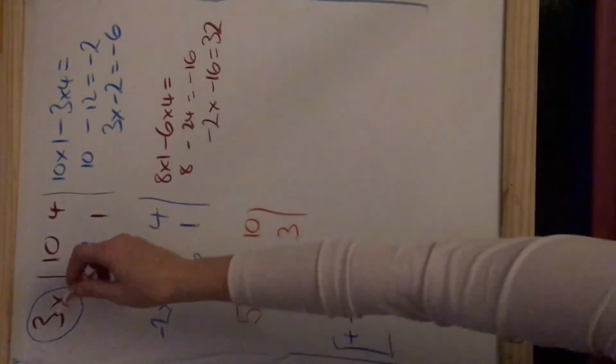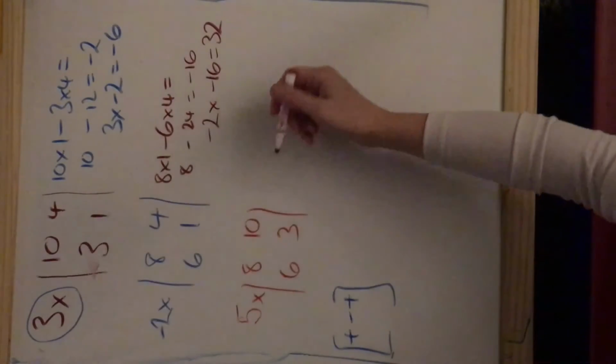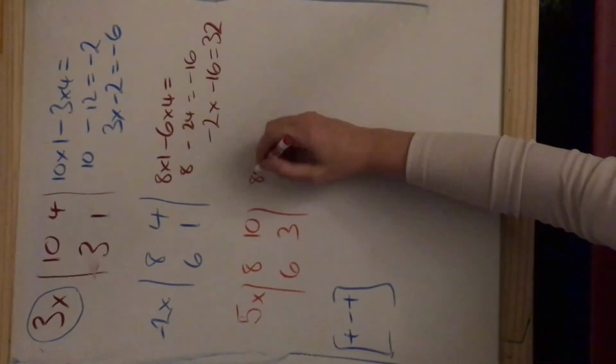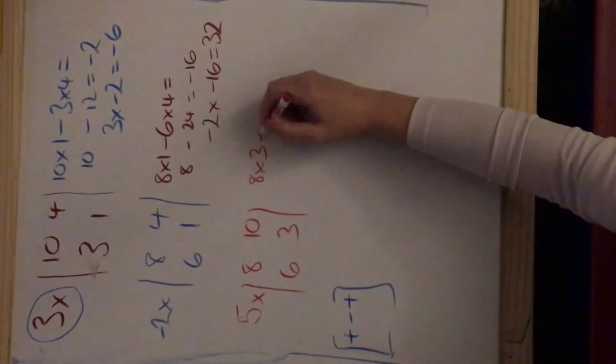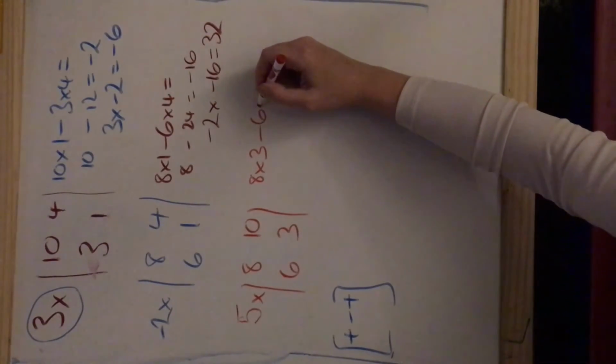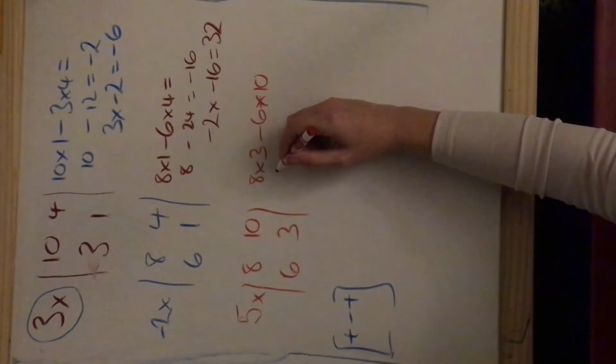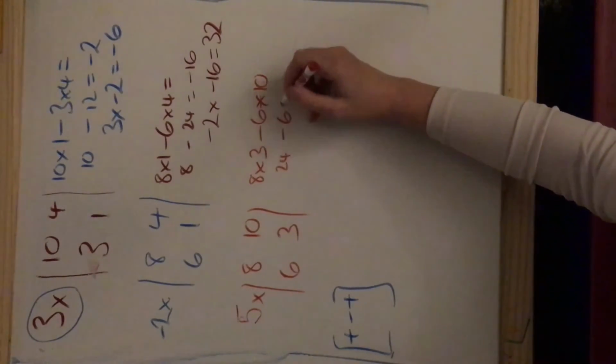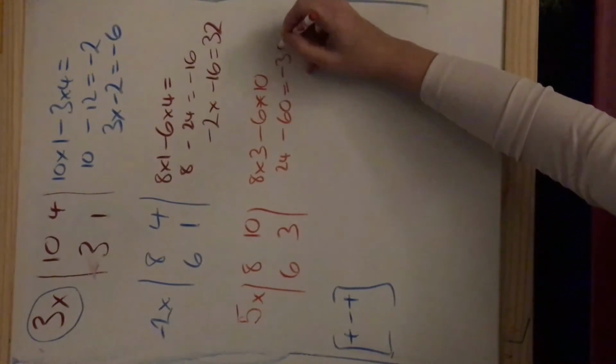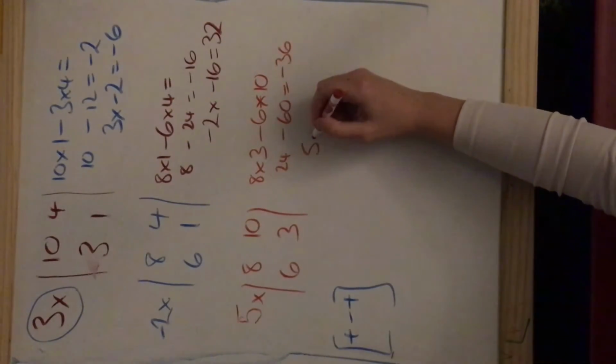This would be a plus, so 3 is a plus, 2 is a minus, and 5 is a plus. So then we would have 8 times by the 3 minus 6. So then we multiply that by the 5.